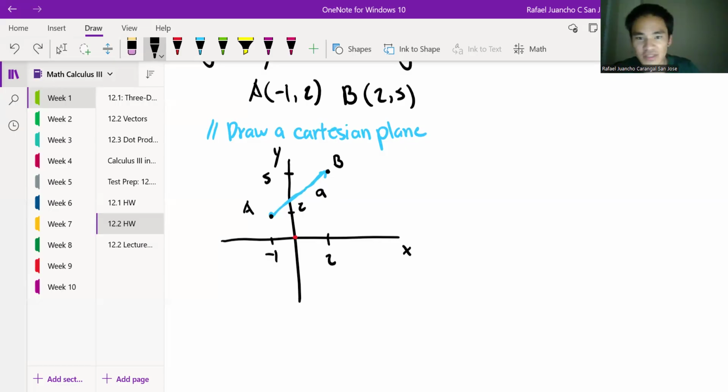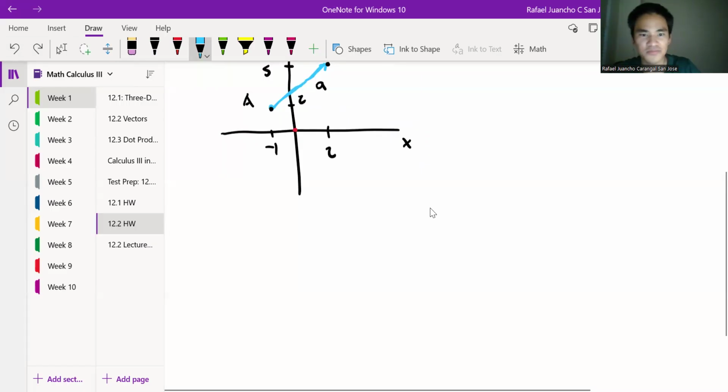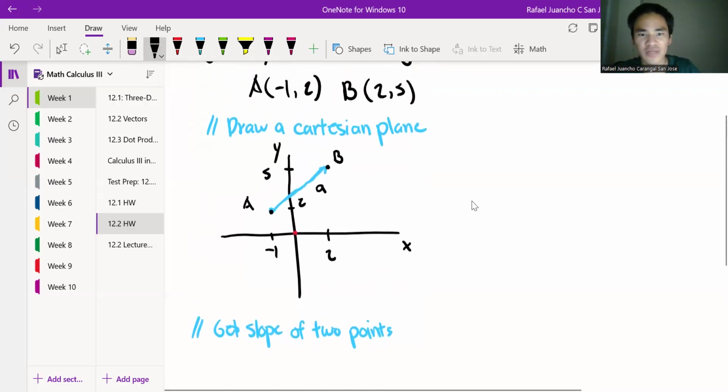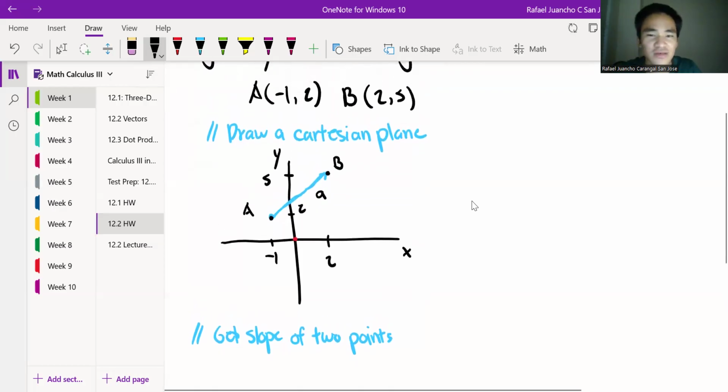And for that, we want to find the slope, right? A and B are 2 points, and we can get their slope using the rise over run technique. So given my A and B, we use -1, 2, and 2, 5.